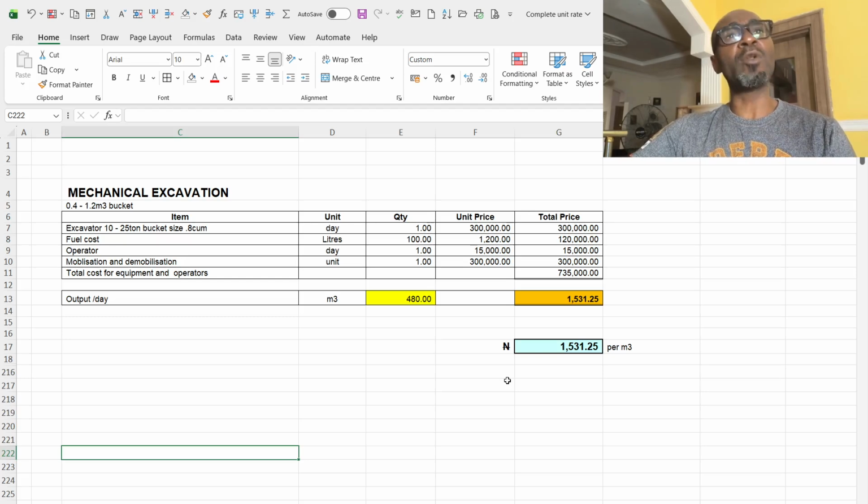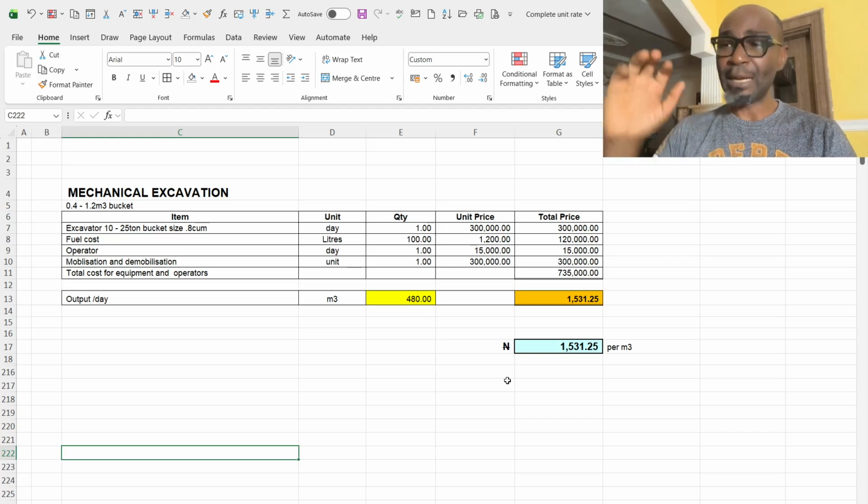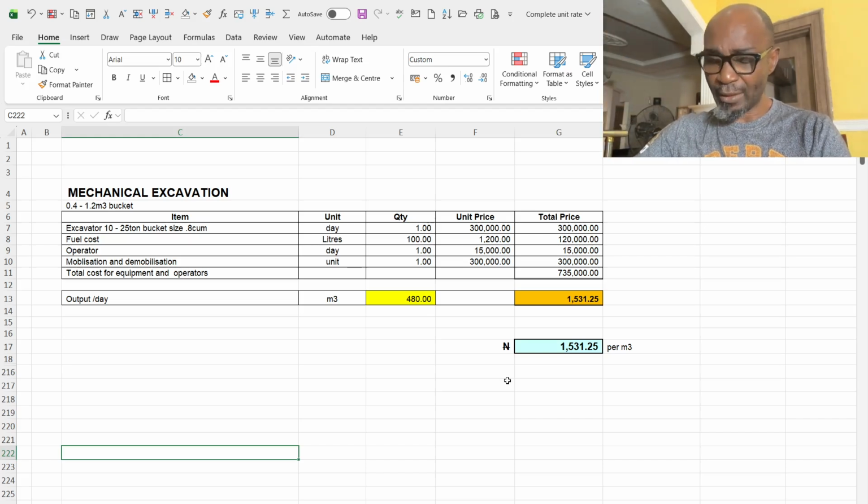Then also the skill of the operator, because if you have an operator that has experience over time, that can maneuver in a tight location, his output will be more than an operator that is probably still learning, or has not gotten his act together. Then another factor is the site condition, the depth of the excavation you want to dig. Say you are digging an excavation up to a 3 meter depth.